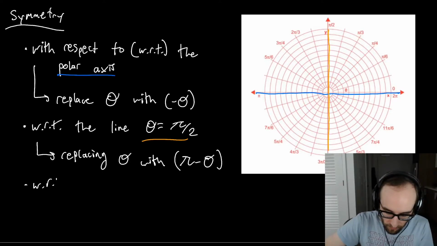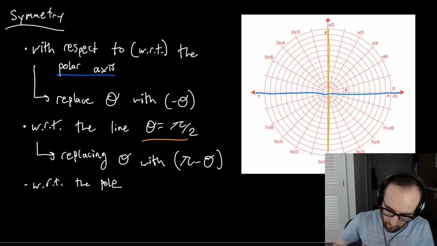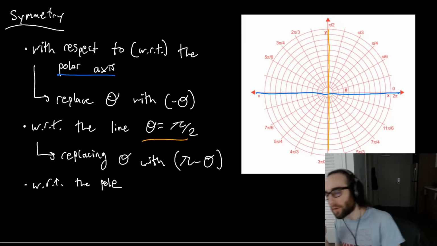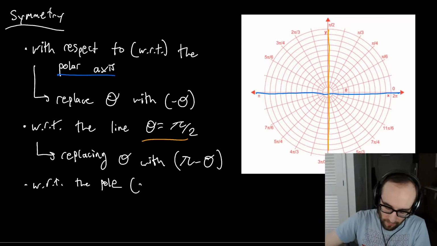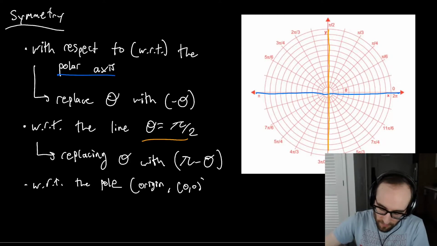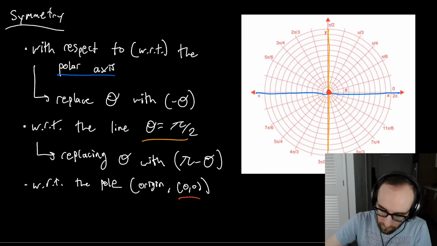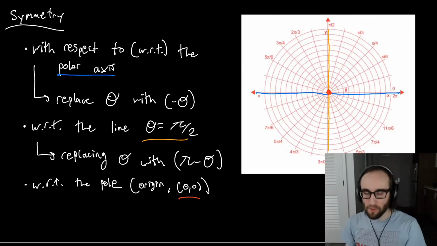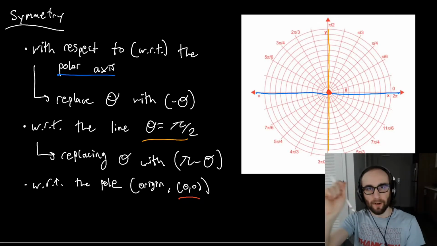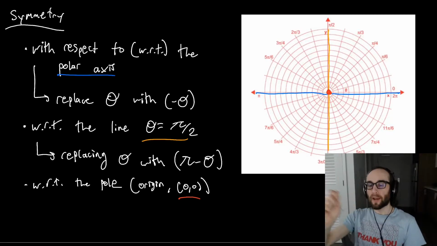Finally, the last type of symmetry is symmetry with respect to the pole. The pole is another word for the origin in Cartesian coordinates. In other words, if we were talking about Cartesian coordinates, it'd be 0, 0, that point right in the middle. If something's symmetric across the pole, that means we can take a point on our graph and flip it across the pole and it'll match up exactly.